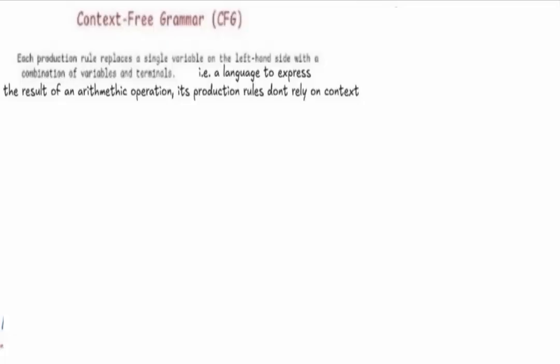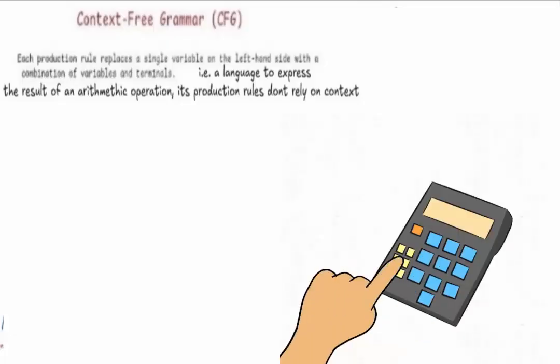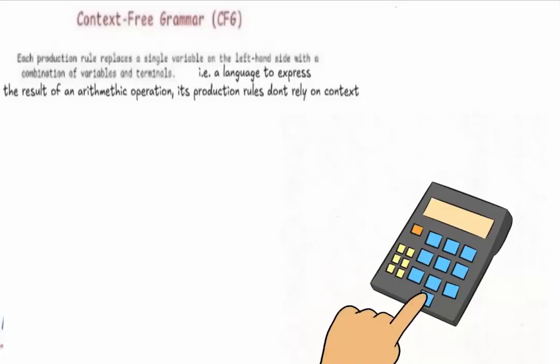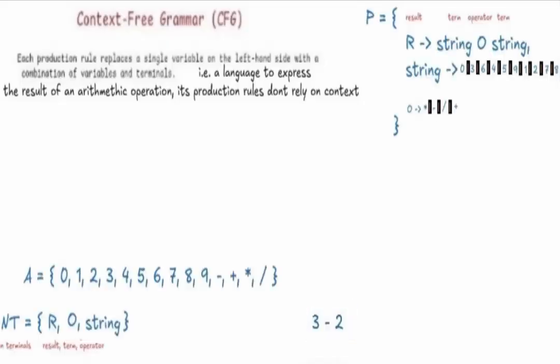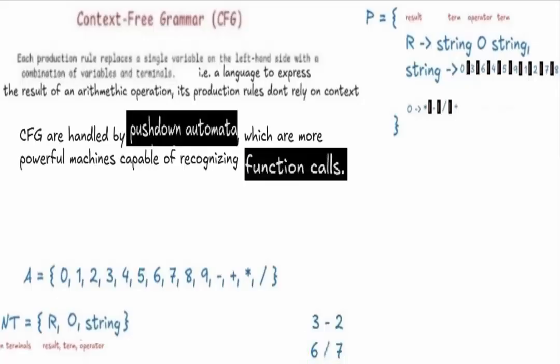Let's discuss context. Consider a simple calculator for obtaining the result of an arithmetic operation between two integers. This context-free grammar will solve problems like within a function call. Remember this word, function.